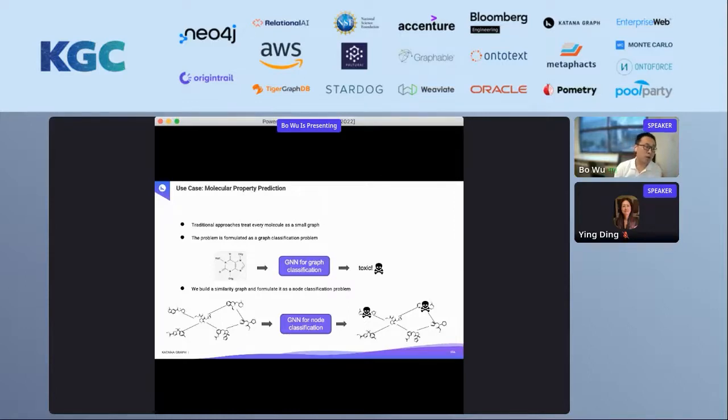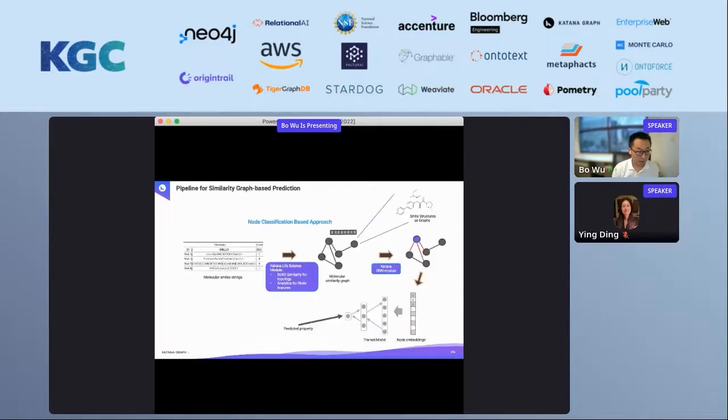We then formulated the problem as a node classification problem. By the way, we submitted the model to the TDC competition, Therapeutics Data Commons competition, which is organized by a group of researchers from Harvard, MIT, and Stanford. Our model has the largest number of leading entries.